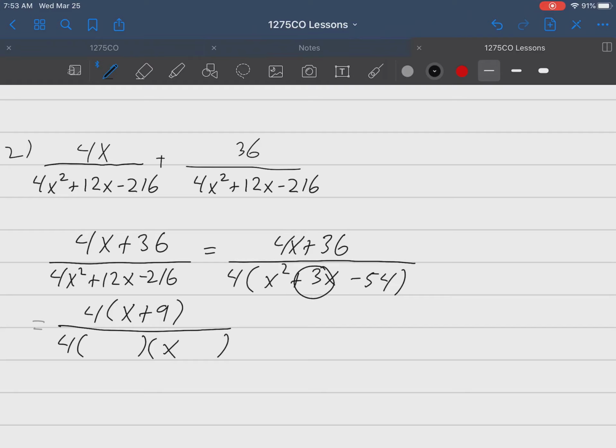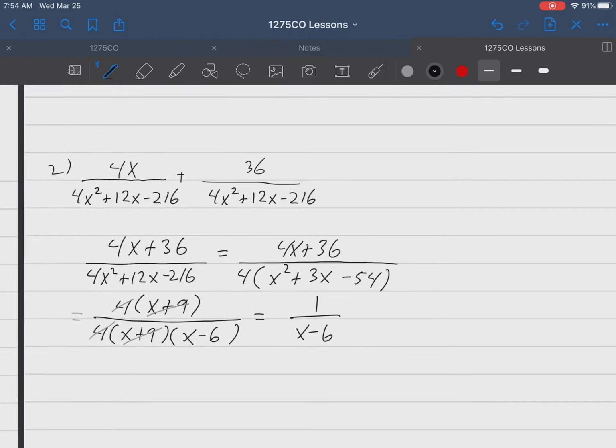So what multiplies to negative 54 adds up to a positive 3? That's going to be a plus 9 and a negative 6. So x plus 9s are going to cross out. 4s are going to cross out also, right? They're going to reduce down to 1. So since everything on top is gone, that's a 1.